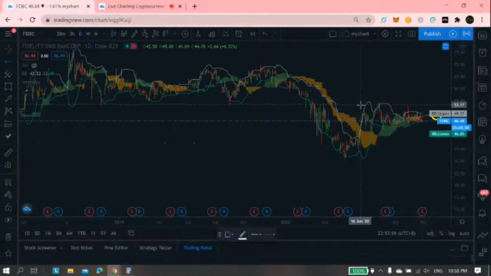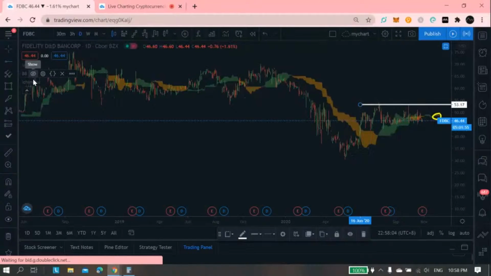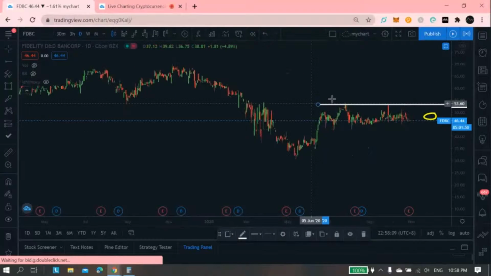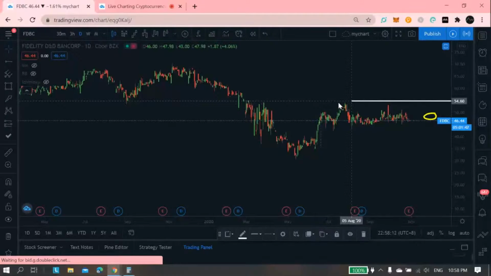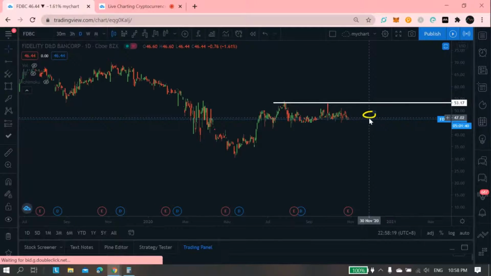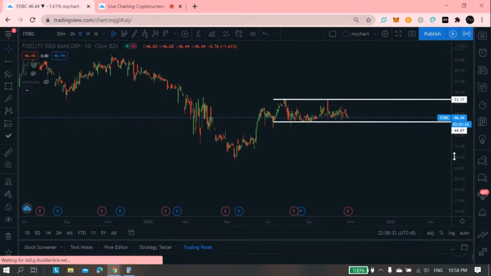Anyway, let's hide this and this so that we can just see the chart or the candlestick. This is the resistance I'm looking at, the 53 area, $53. And the support area at this level, the 44.87.